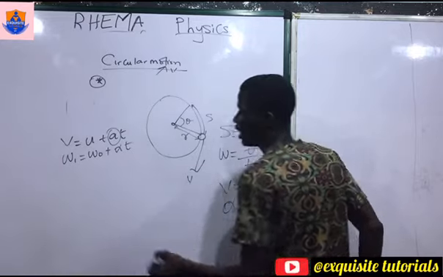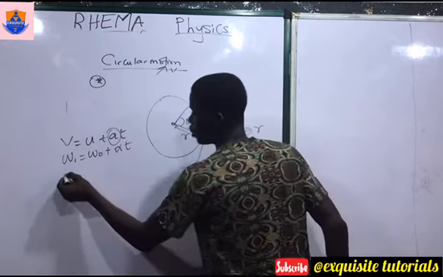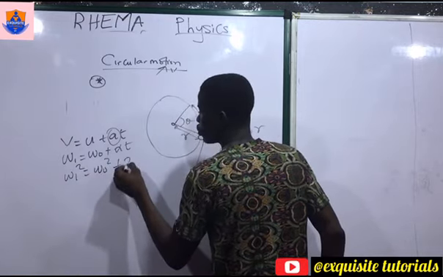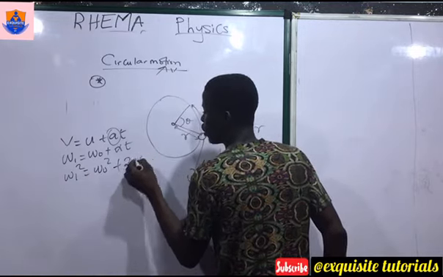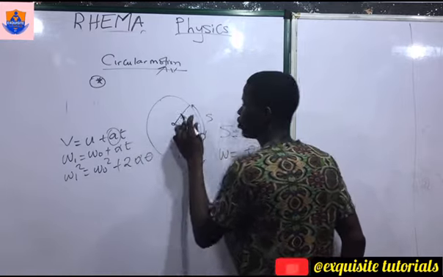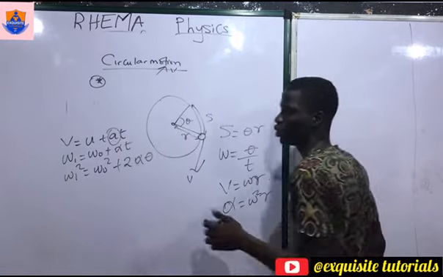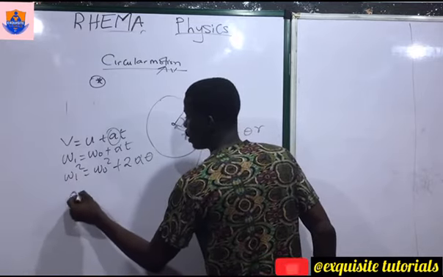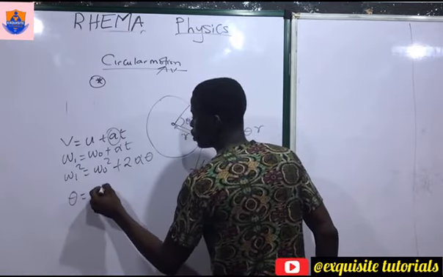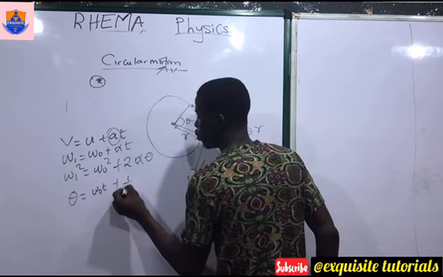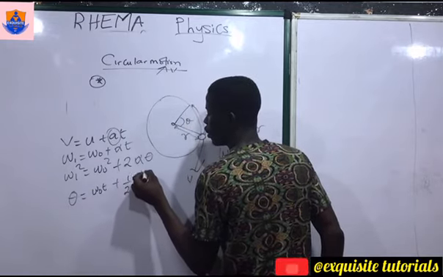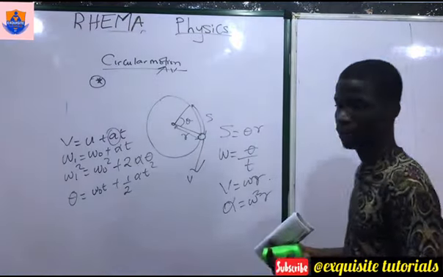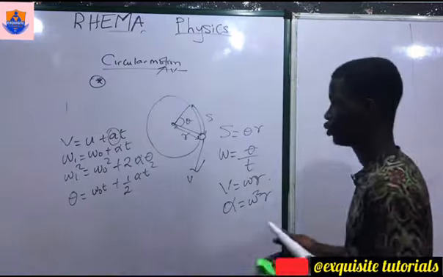Then for the other equations, w1 squared is equal to w0 squared plus 2 alpha theta, where theta is the angular distance in this case. For our last equation, theta is equal to w0 t plus 1 over 2 alpha t squared. So these are the formulas you use. Now let's take about two other examples on this case.